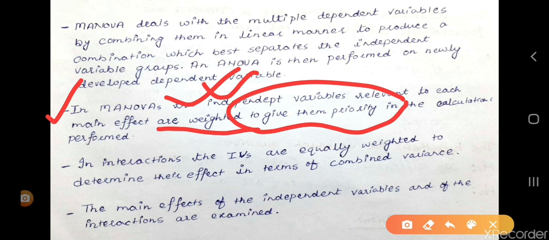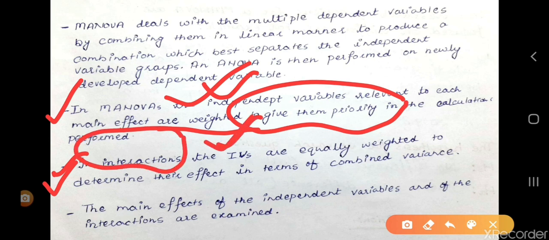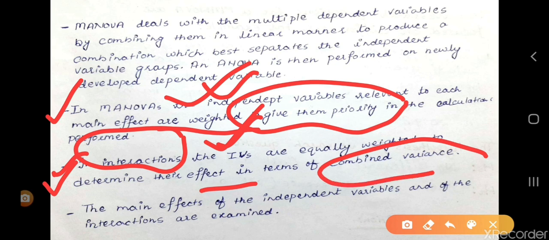Also, we are giving weights to the interaction between these independent variables to determine their combined effect, but these weights are equal.